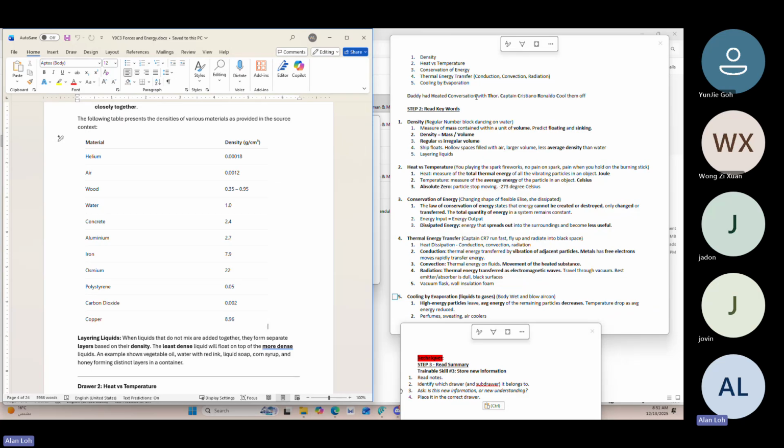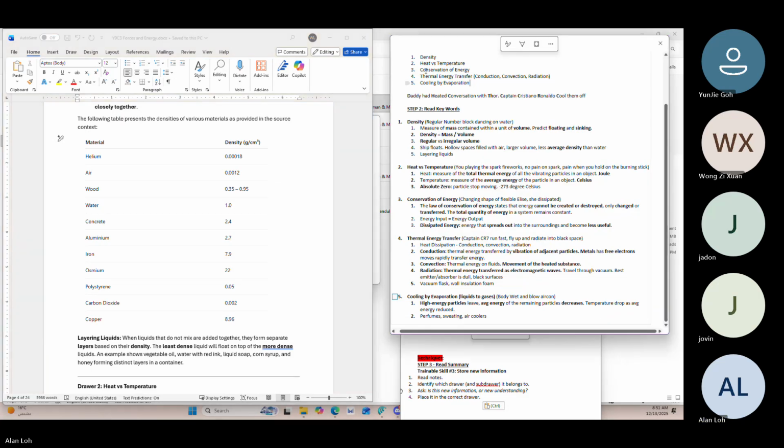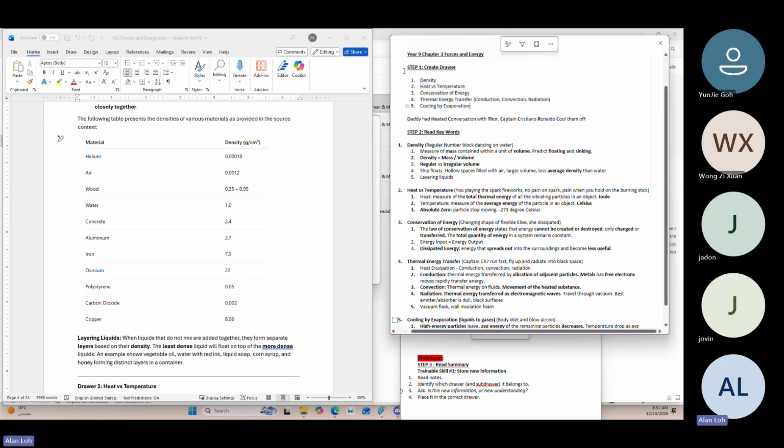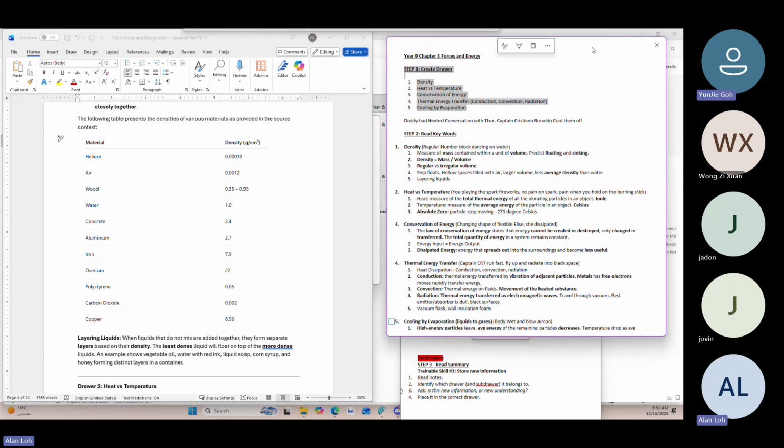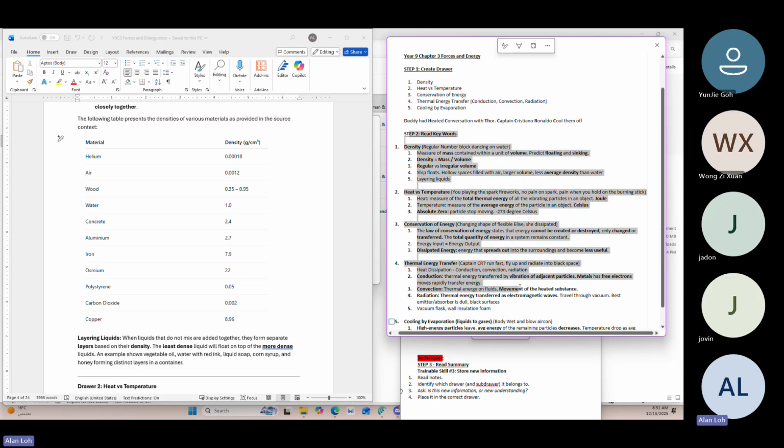Okay, that's good. The answer is here. Don't worry if you are referring here, it's fine because this window is a reference window. I will have this window open for most of the sessions for you to refer. So the story is here, the drawers are here, and the key notes are all here, right?